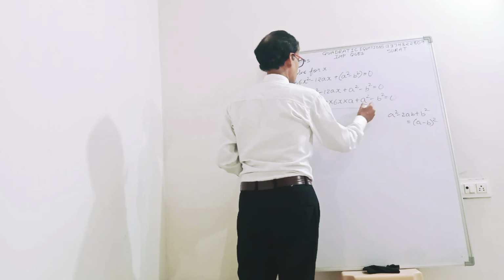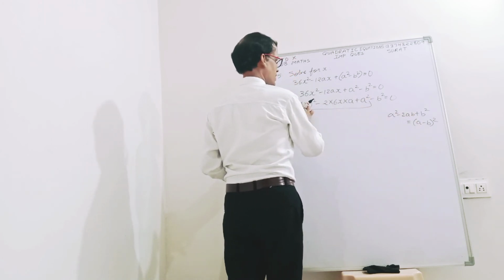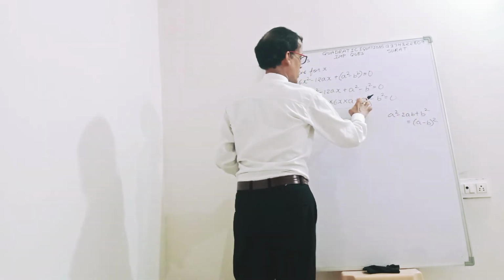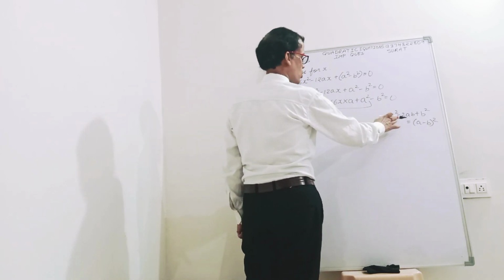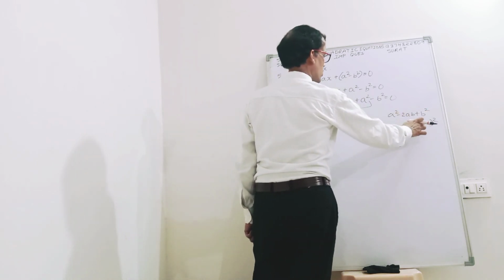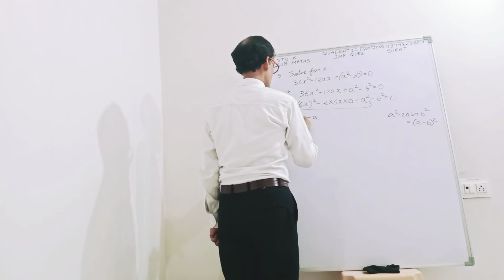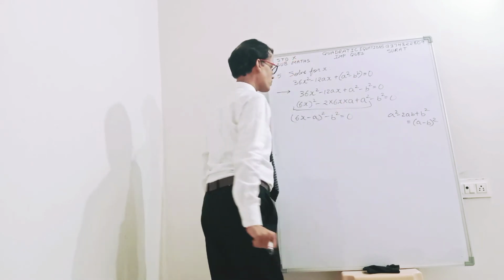From this to this, by using this identity we can see that a is 6x and what is b? B square is a square, b is a. So by using the formula a square minus 2ab plus b square equal to a minus b whole square, this is equal to 6x minus a whole square minus b square, equal to 0.